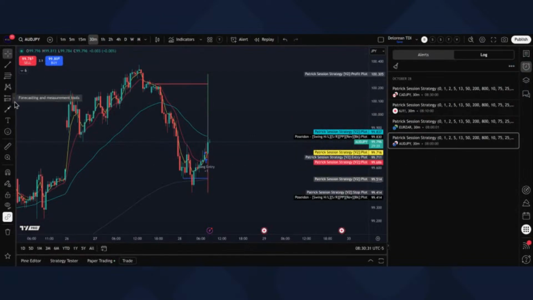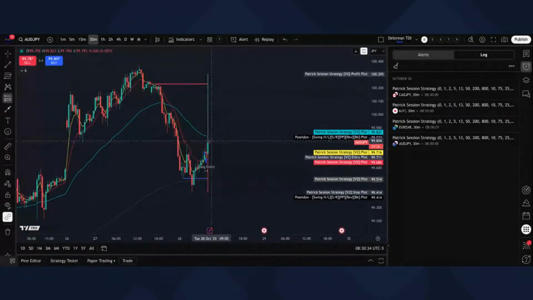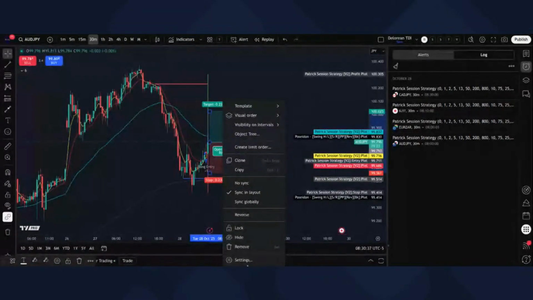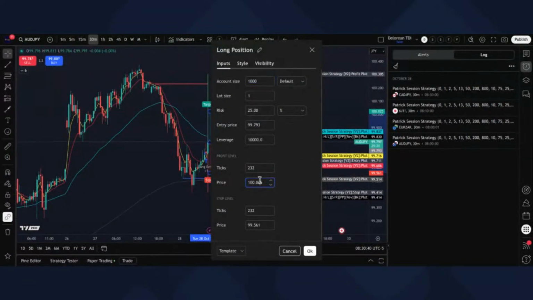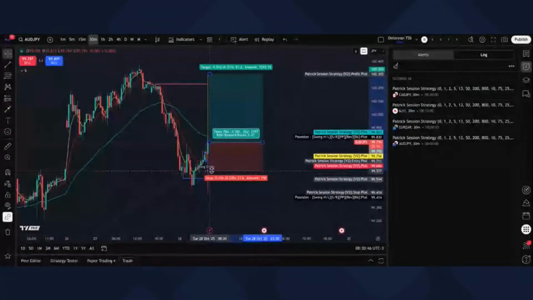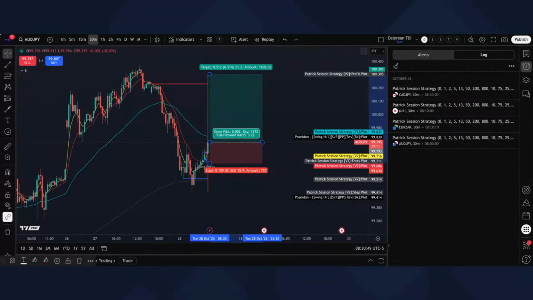All right, we have an entry for Australian dollar versus Japanese yen. We're going to take that on a long, targeting 100.305. Gotta shorten up that stop. Where are we? Here.